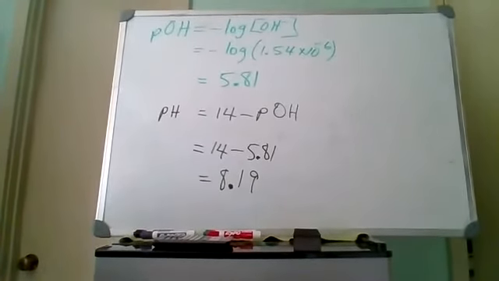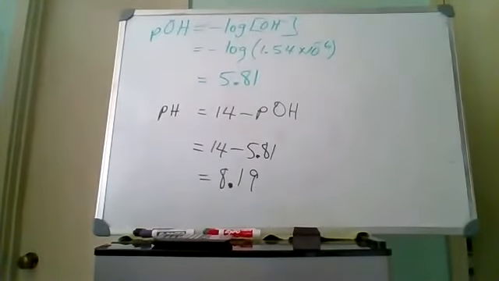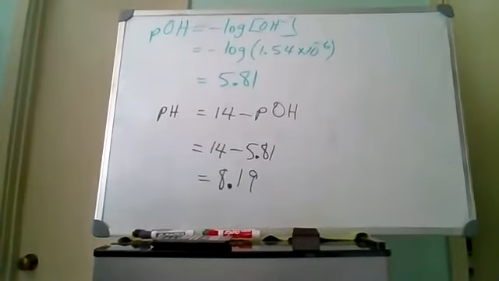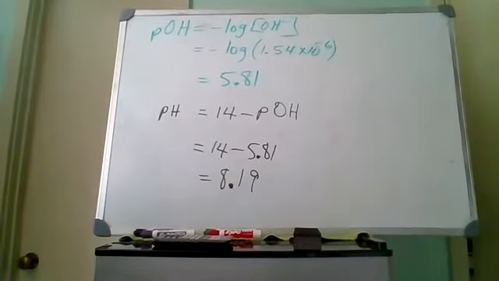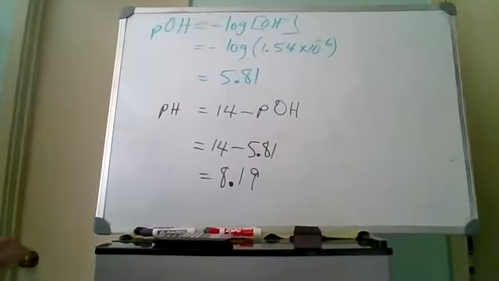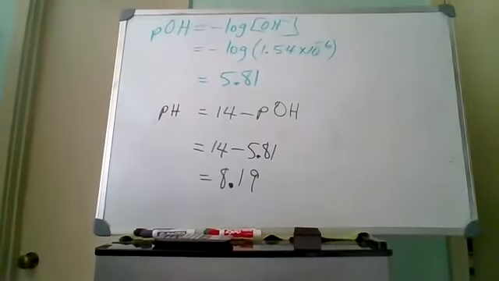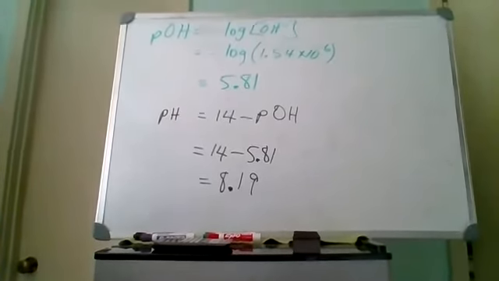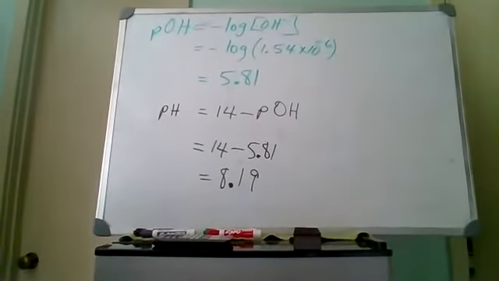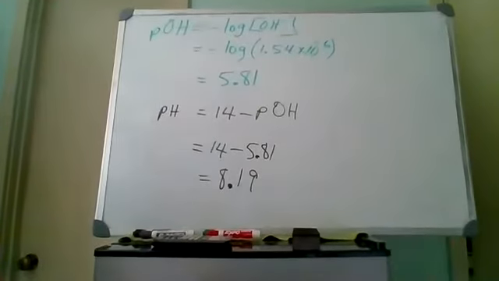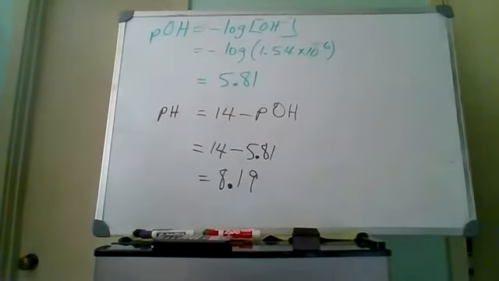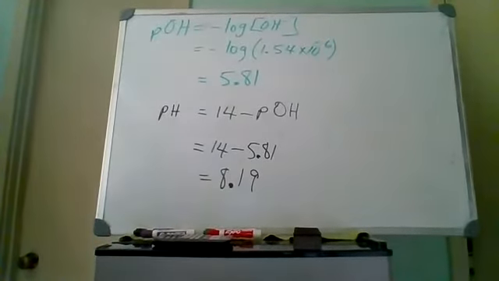We used what happens in a salt solution, the pH of a salt solution. We used Ka times Kb equals the ionization constant of water. So we used all these different things tied together to solve this one problem. But it's really not that difficult. It really isn't. Do we have any questions here?